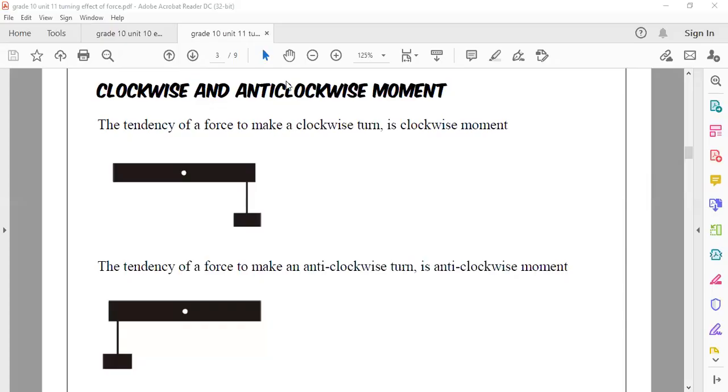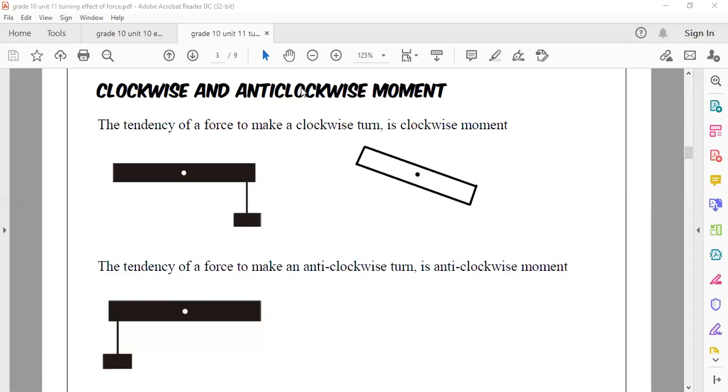So how is this going to turn? It is going to turn in this manner. Correct? Yes, sir. At the center, there will be a dot.